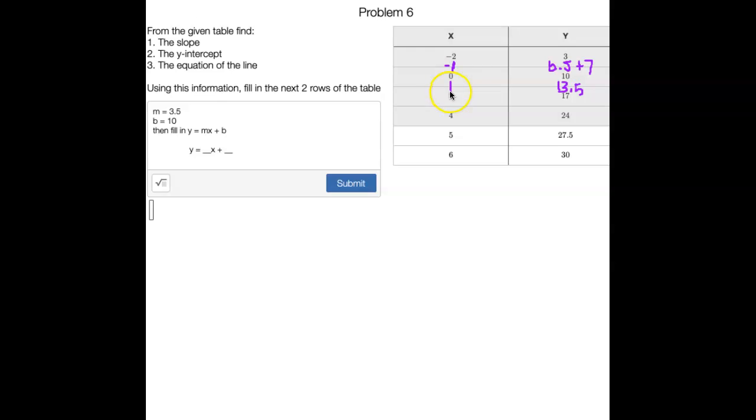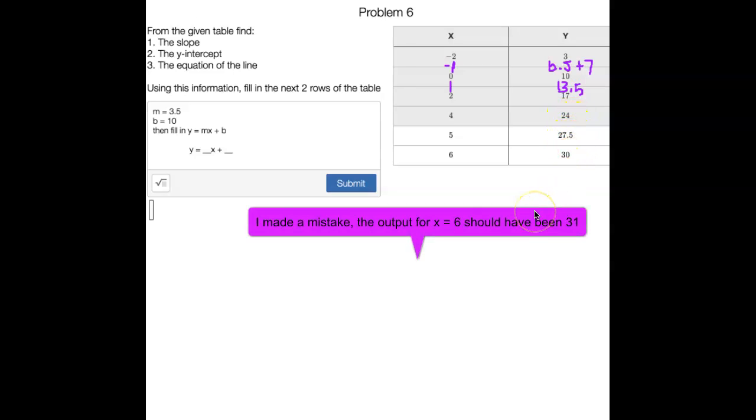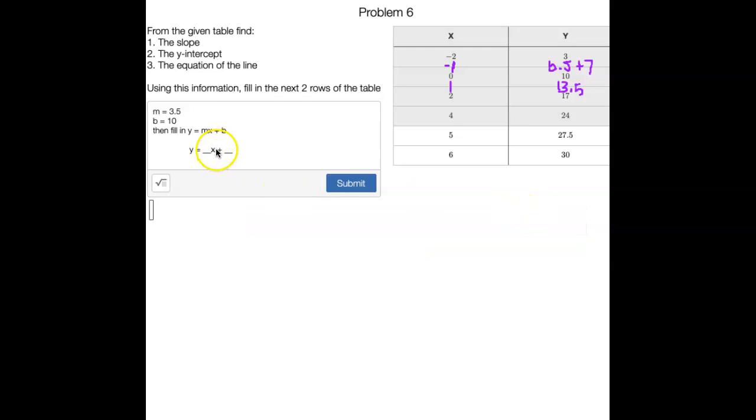Again, since these inputs are increasing by 2, you have to recognize that the slope isn't 7, it's actually 3.5. So here, when I make them consecutive, I go 4, 5, 6. Now that they're consecutive, I'm just going to add 3.5. 27.5, 30. So if your inputs aren't consecutive, finding the slope can be a little tricky. Anyhow, it's 3.5. Remember, your y-intercept is where x equals 0, and where x equals 0, you can see y is 10, so that's my y-intercept.